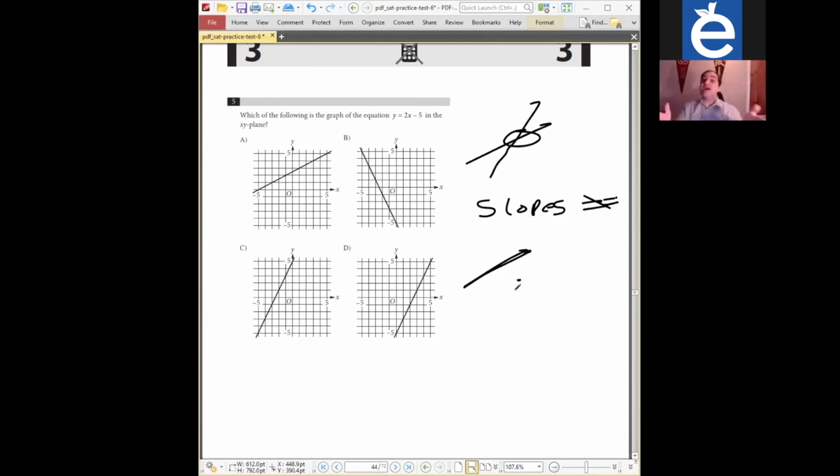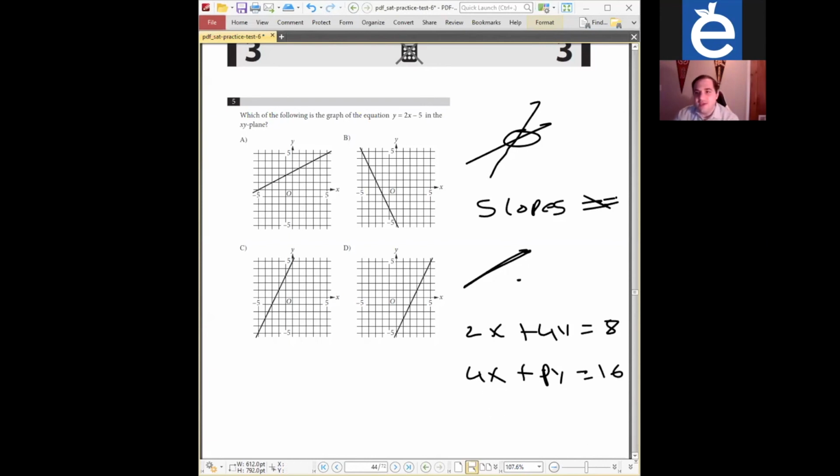Now, how are you actually going to see infinite solutions? Because while infinite solutions aren't the hardest concept in the world, they're never just going to show you the same line twice. One thing they might do is 2x plus 4y is equal to 8, and then 4x plus, we'll say, py is equal to 16.